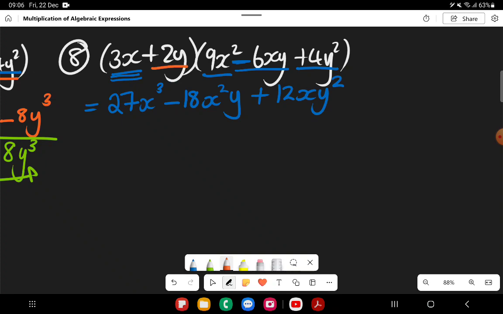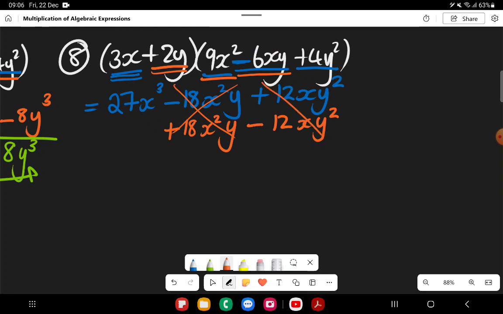2y times 9x squared, that is going to be positive 18x squared y, and automatically I already see that cancels out to 0. Then we're going to say 2y times negative 6xy, that becomes negative 12xy squared, and again those two cancel out, right?